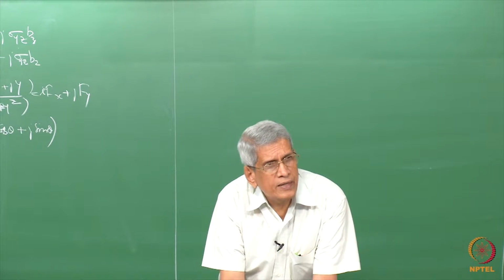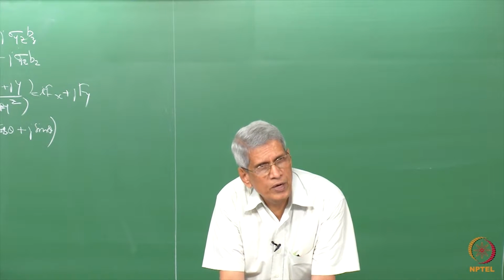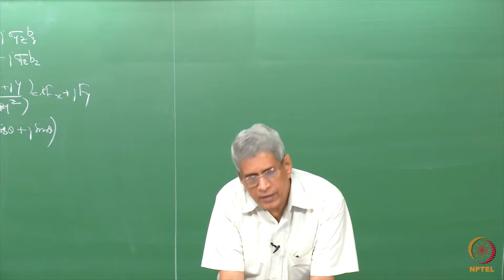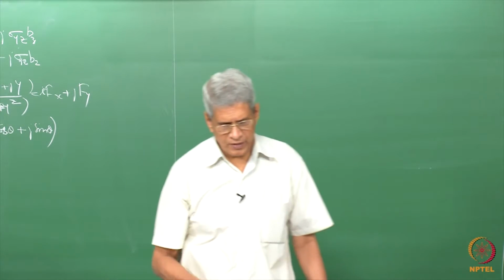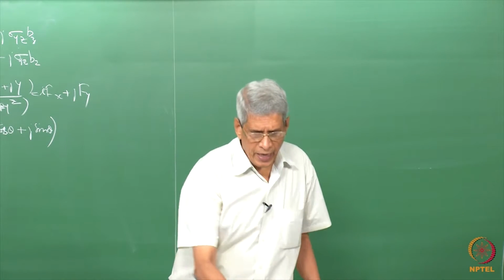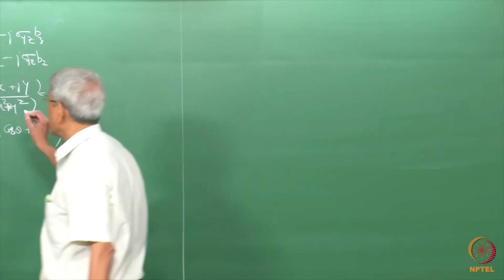If it is the same type of dislocation, B1 and B2 in the same direction, if you take the product, F is going to be positive. That means the force between the dislocations is repulsive, and it has a radial symmetry.